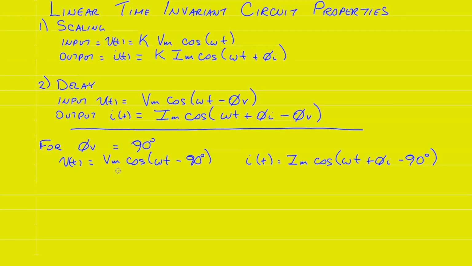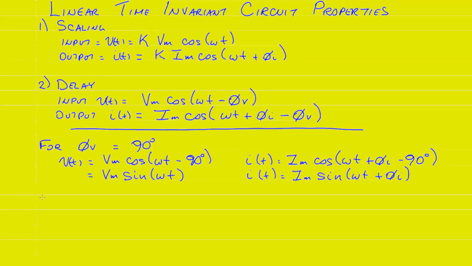But we know the first term here, V of t, can be written as Vm sine of omega t, because a sine function is simply a cosine function delayed by 90 degrees. Likewise, the current will now be written as Im sine of omega t plus whatever phase shift the current was subject to previously.